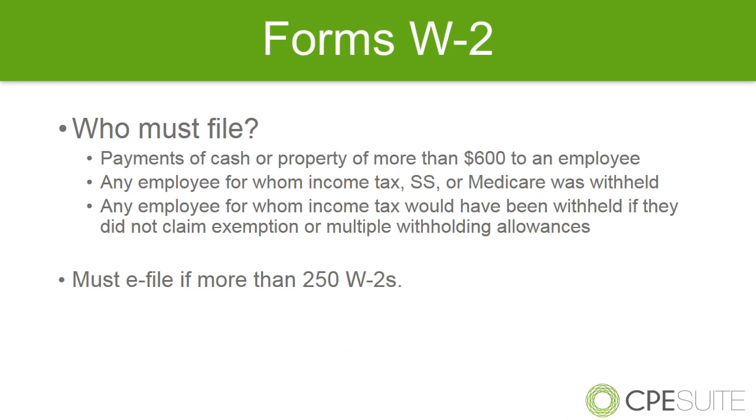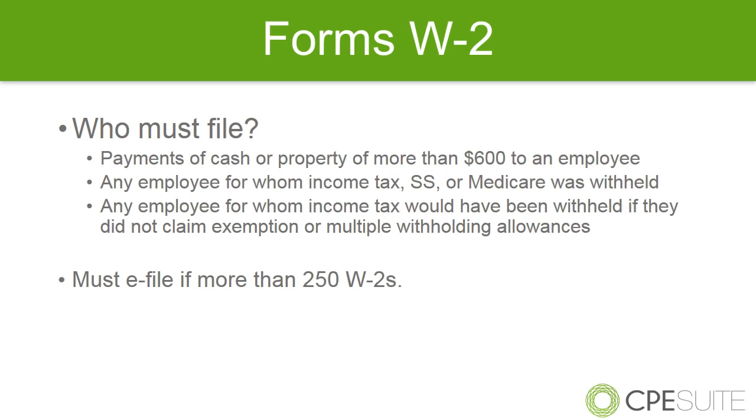Also, if an employee would have had income tax withheld, but because they claimed more than one withholding allowance, or they claimed an exemption on their W-4, and therefore you did not withhold any income tax, then you still have to issue them a W-2.